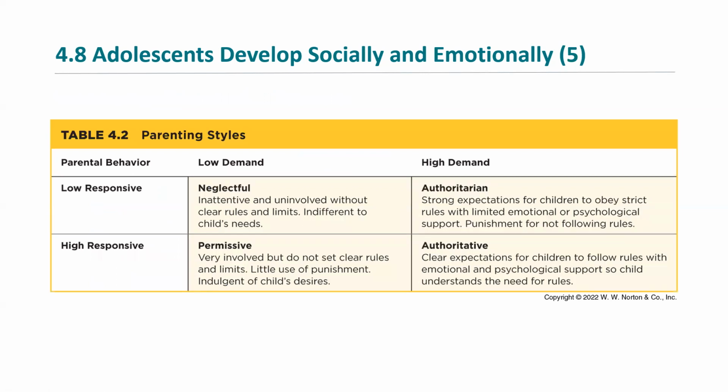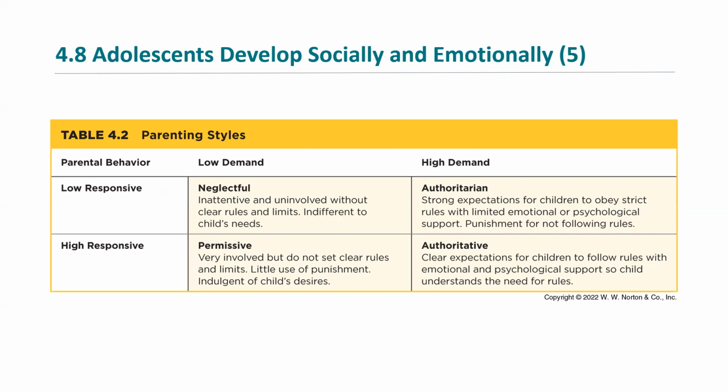And this comes from a researcher named Diana Baumrind. This is what she's mainly known for, her research on parenting styles and coming up with these categories. So you can see the chart there.